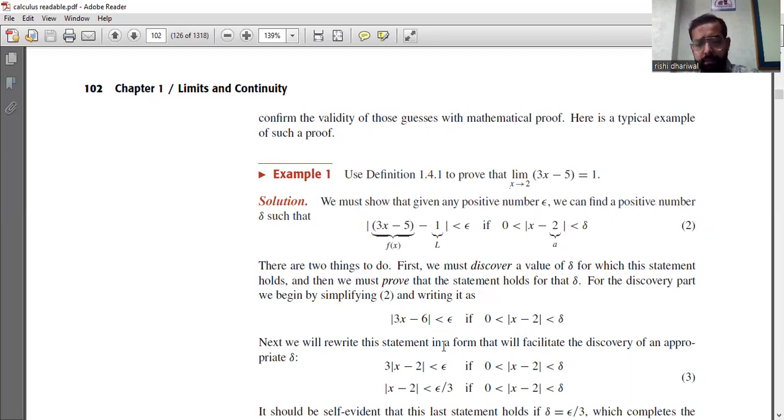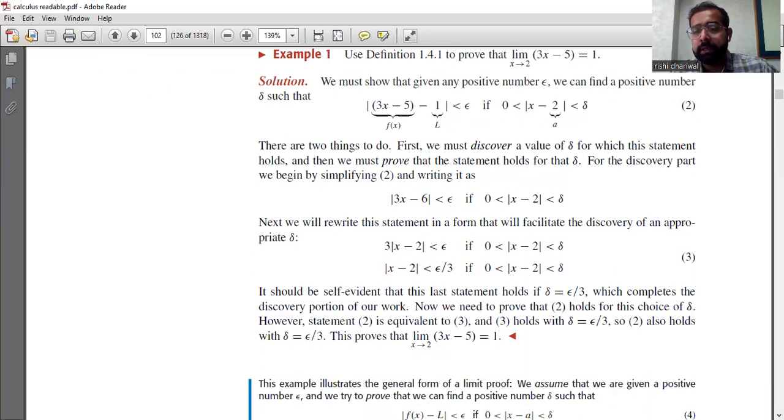That means we can use delta equal to epsilon by 3, which completes the discovery part of the proof.